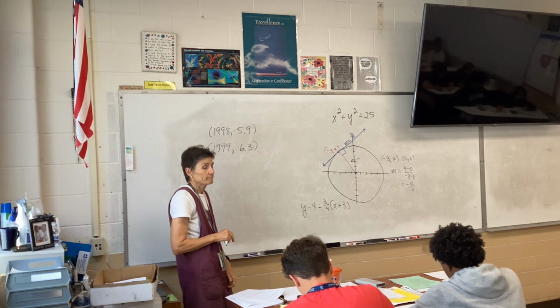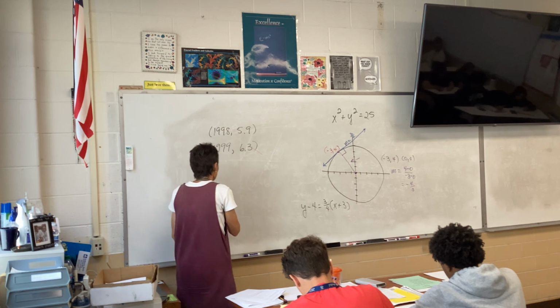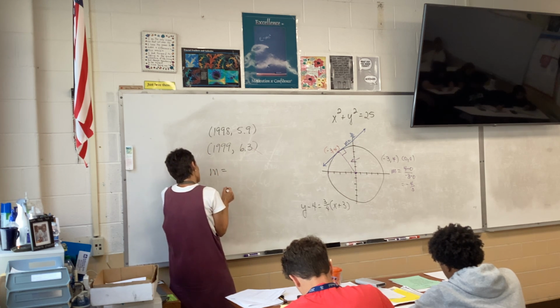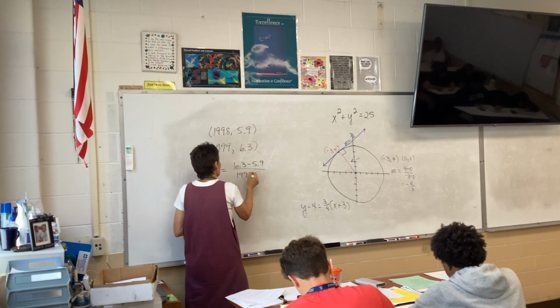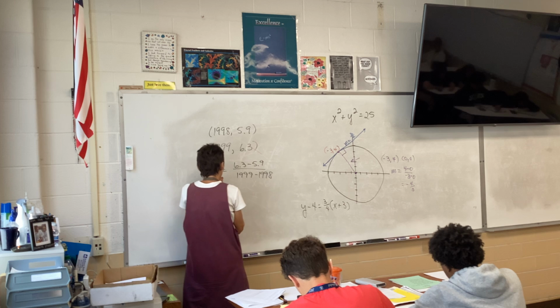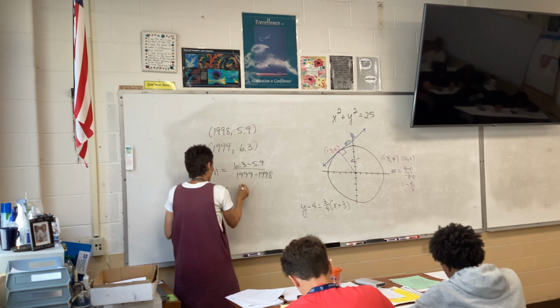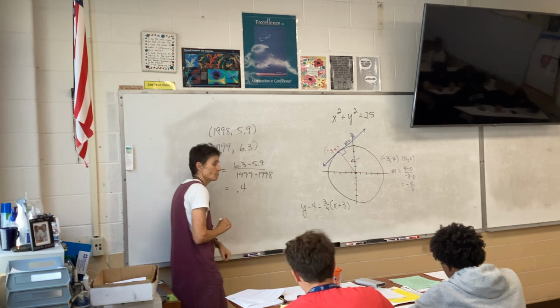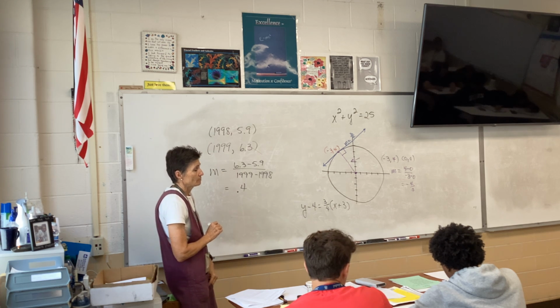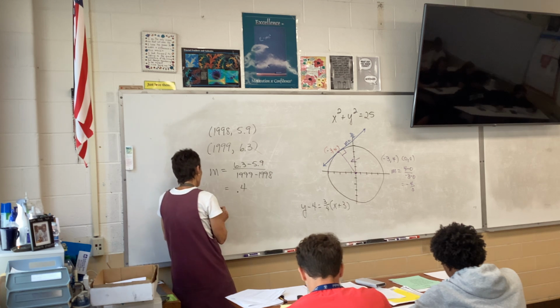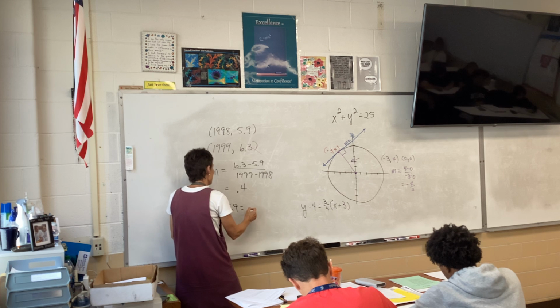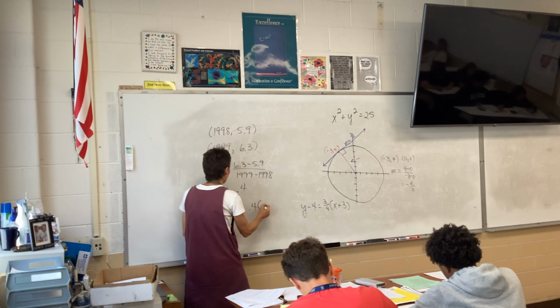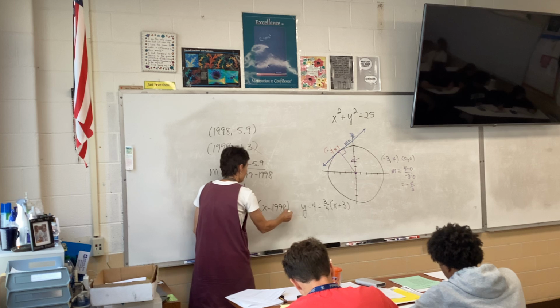First things first, the slope: 6.3 minus 5.9 over 1999 minus 1998. Did you get 0.4? So y minus 5.9 equals 0.4 times (x minus 1998), using the first point.